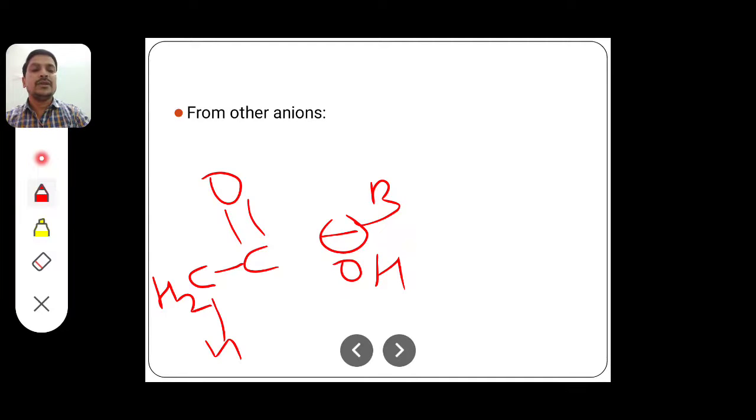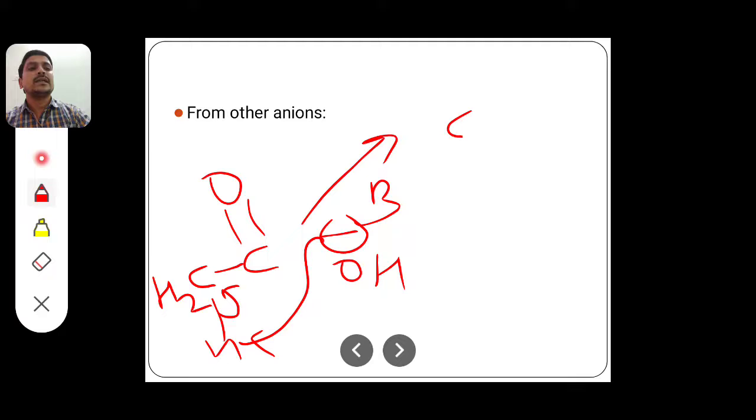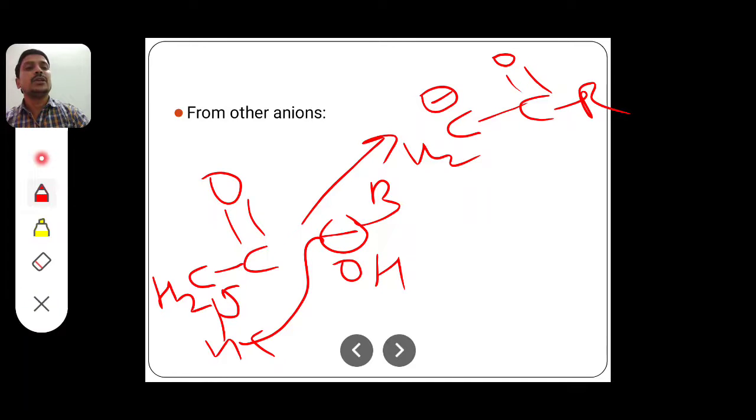From another anion, OH minus, you can generate a carbanion like this. It will pick up a proton from this carbon which carries acidic hydrogen, and generate a carbanion, which can be stabilized by going through the enol form. This C minus can be stabilized through resonance with the carbonyl group. So from other anions you can generate the carbanion.